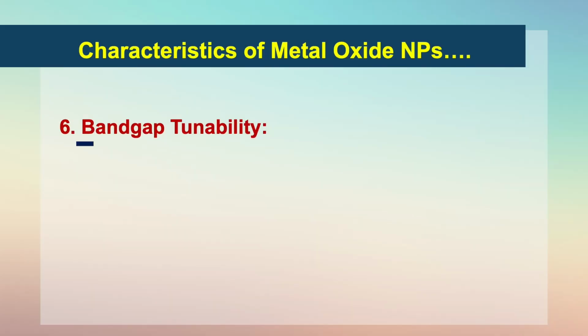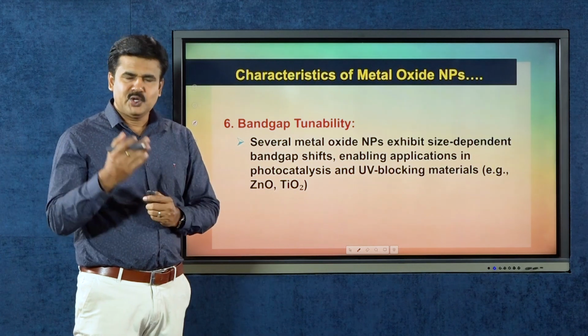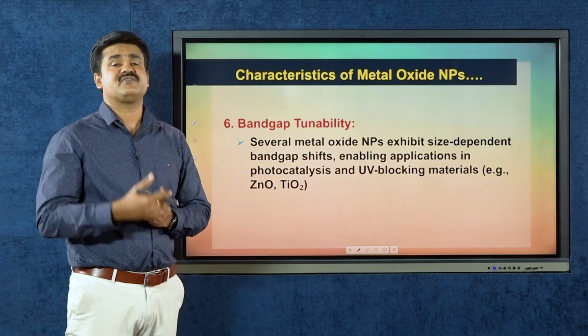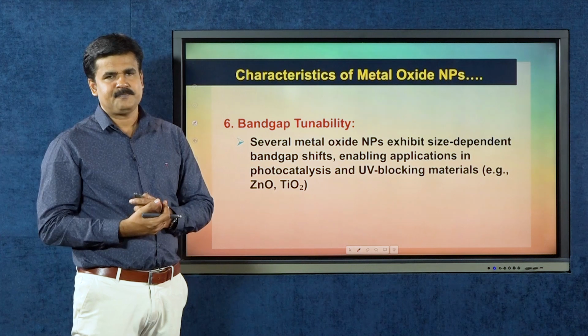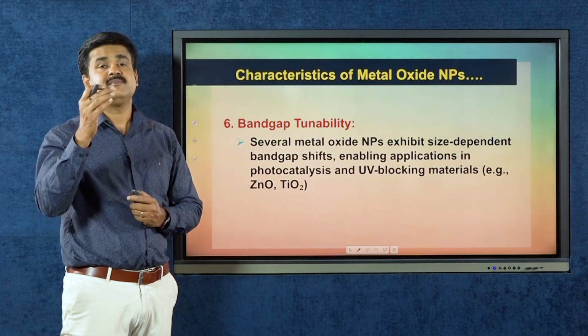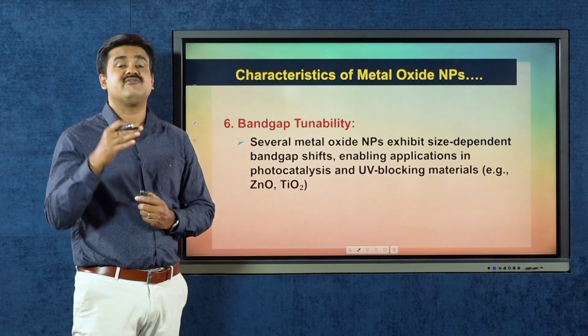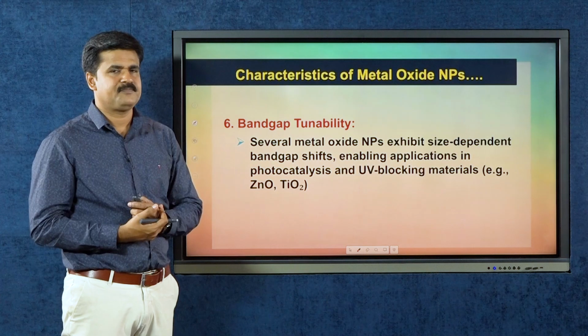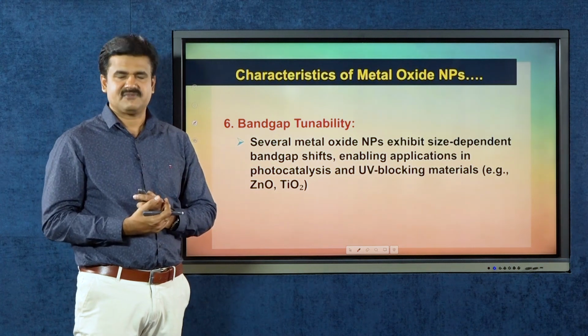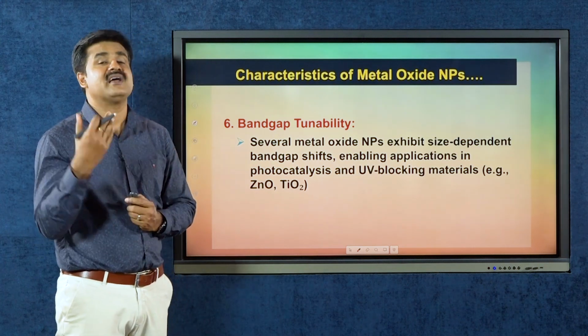Now, band gap tunability. We know the fact that in the case of a semiconductor nanoparticle, there occurs some energy difference between the valence band and the conduction band. Theoretically, that energy difference is known as the band gap.